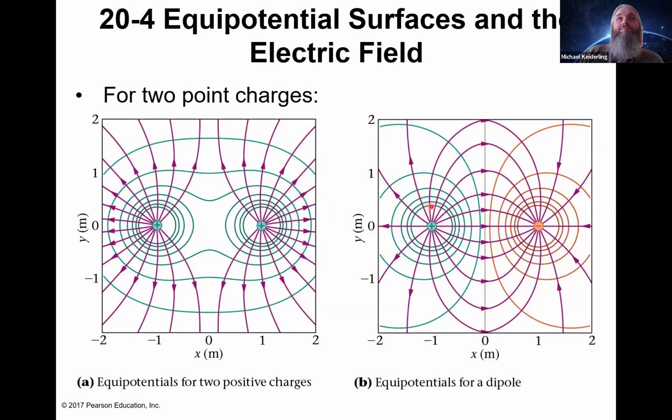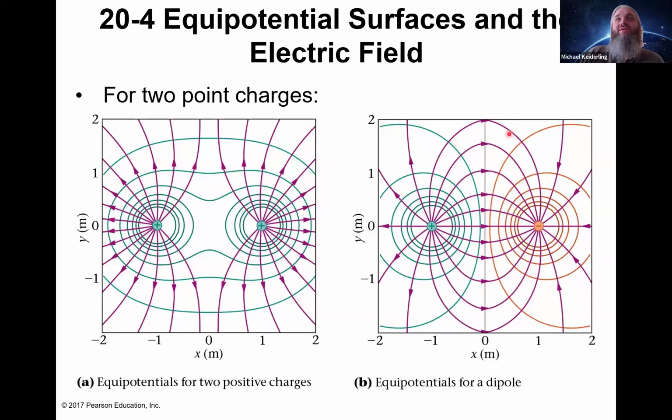Here we have plus 4, plus 3.5, plus 3, 2.5, 3, 3.5. Okay. Here we have the positive equipotential surfaces. This is 0.